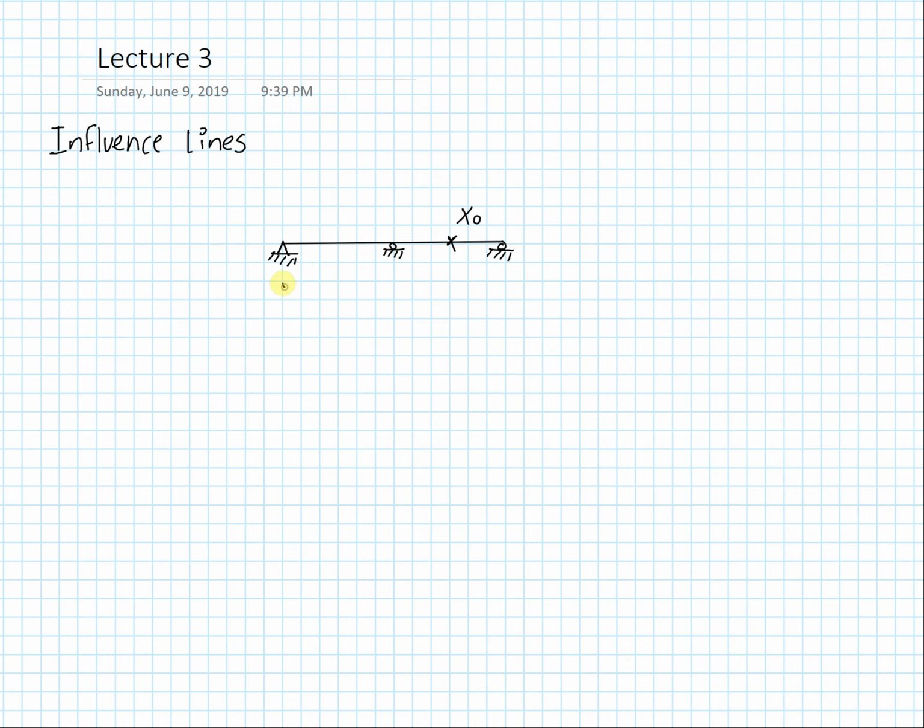So location x could be anywhere along this two-span beam, and the force being applied could look like this. It could have any kind of magnitude. It could be F. And really the question that I'm interested in is where will the force F be placed such that I have maximum shear or maximum moment at x naught?